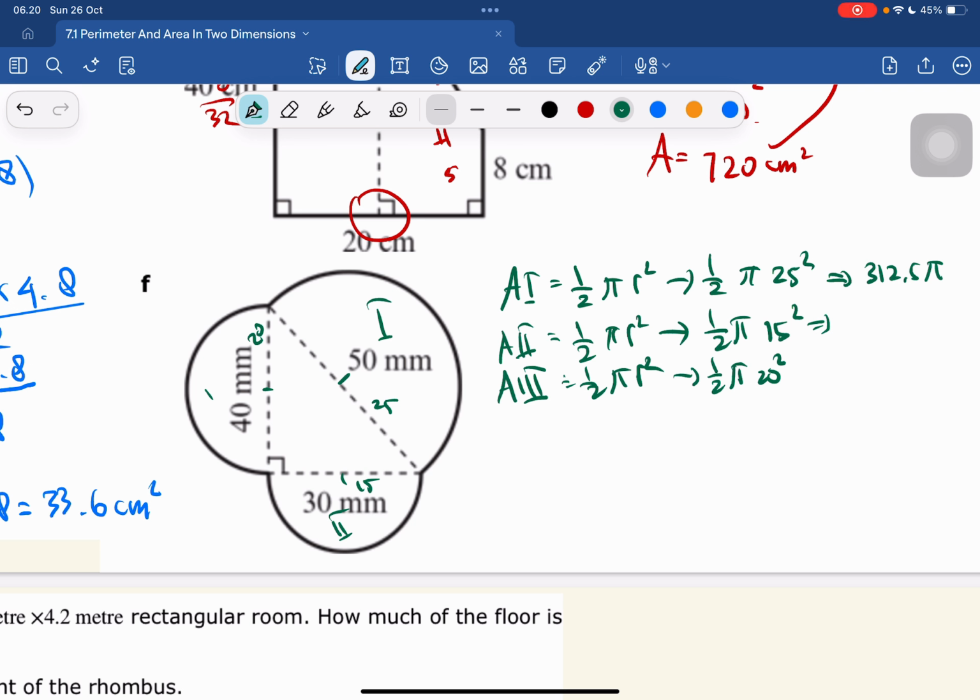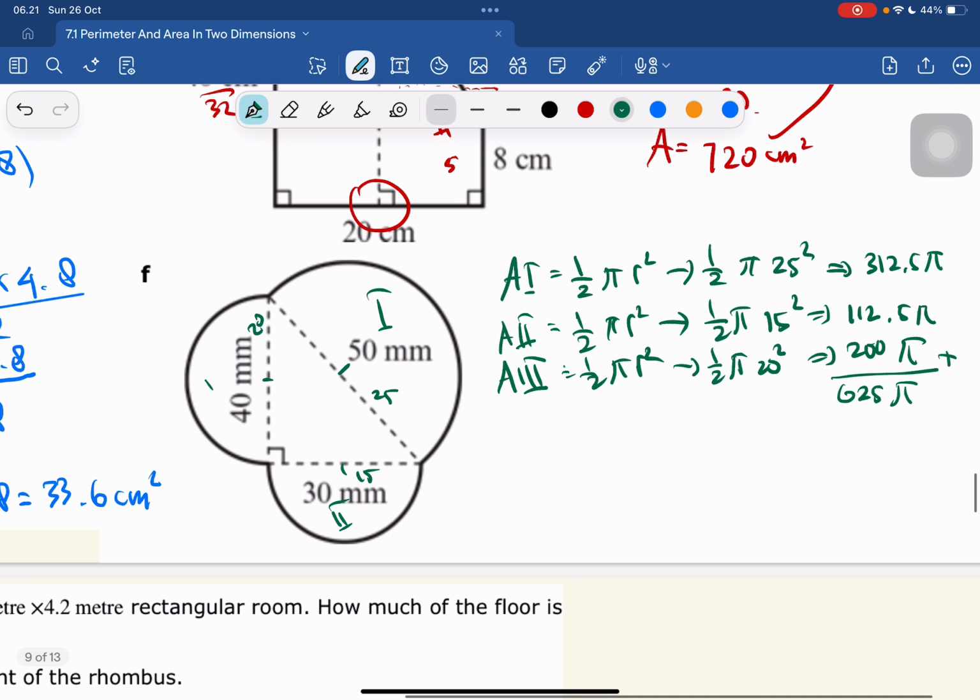The second is 15 square is 225 divided by 2. This will be 112.5 pi. The third is 20 square, and divided by 2 is 200 pi. So we can make a total. This is 625 pi.